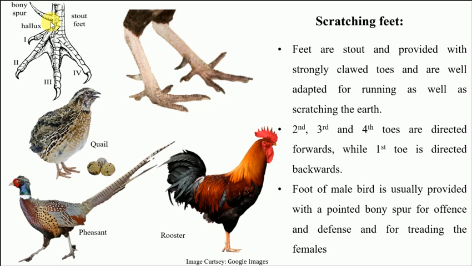This bony spur is useful for offense and defense and for treading the females, is only present among the males and is absent in the female. So this kind of scratching feet is characteristic of the rooster or the hen, then pheasant and the quail.